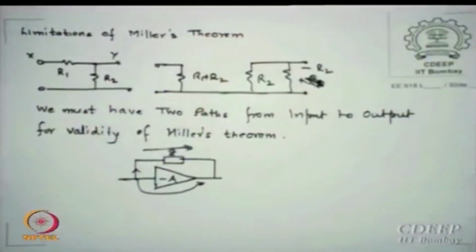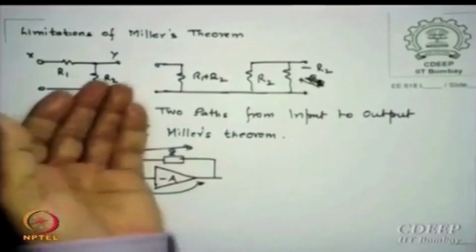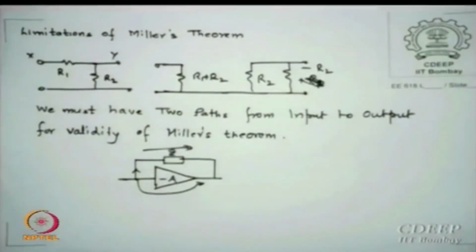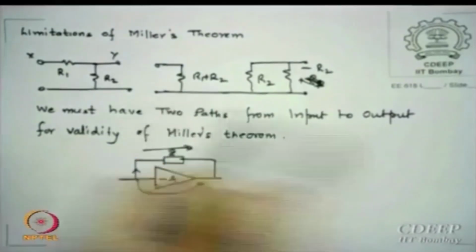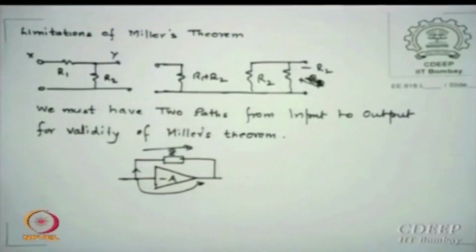If I have a simple passive network shown here, which is R1, R2, obviously Vy and Vx are not the same. So Vy is nothing but R2 upon R1 plus R2 times Vx. So there is a gain, equivalently. However, if I make a transformation by the two Z1, Z2 functions, on the one side I get R1 plus R2, which is fair enough.